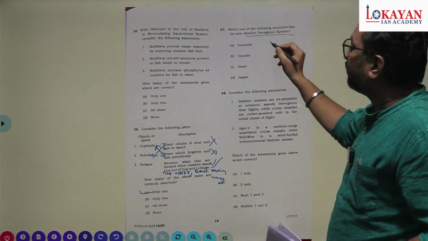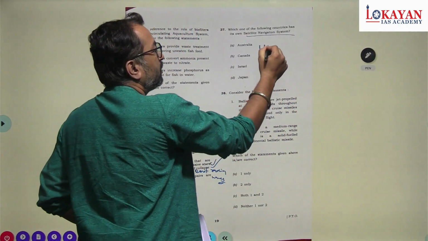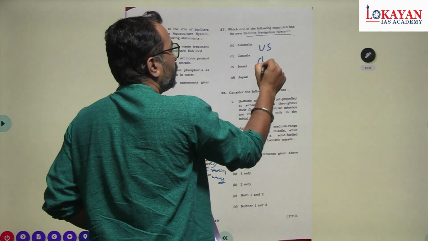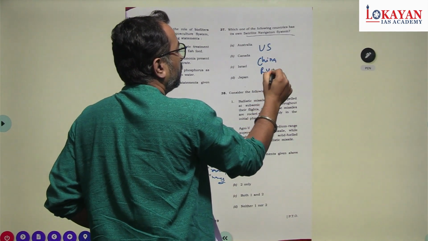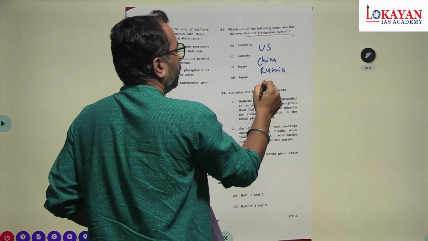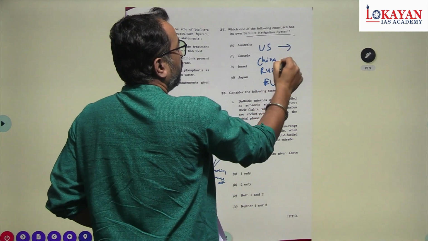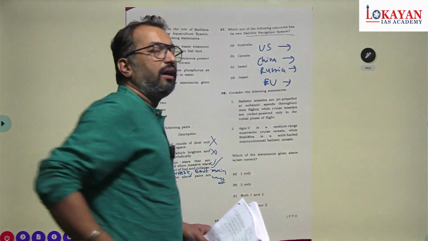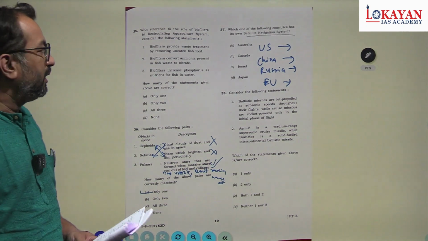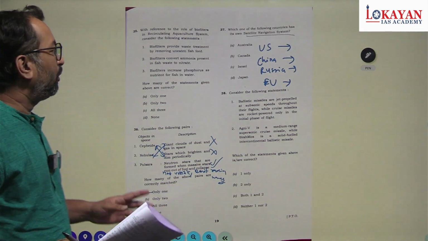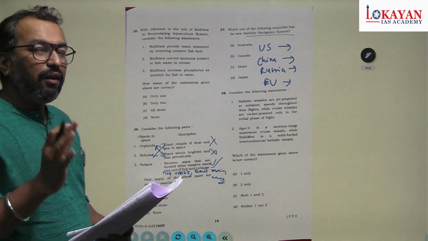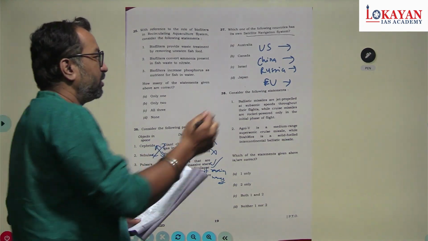satellite navigation systems are owned by 3 to 4 countries: US, China, Russia, and European Union. Right? These 4 countries control, or they have their own global satellite navigation system.